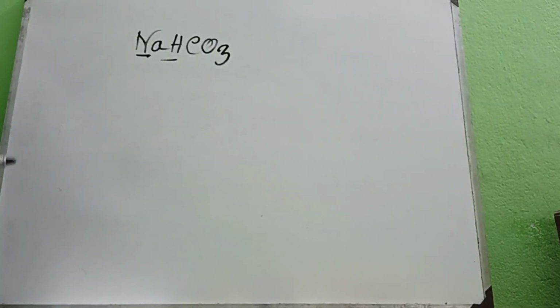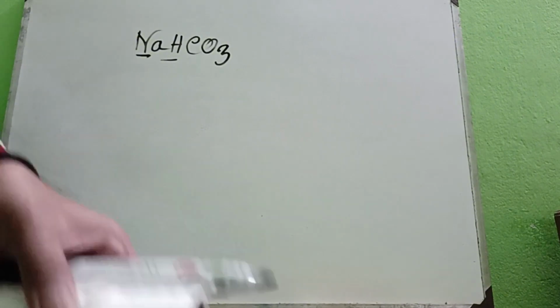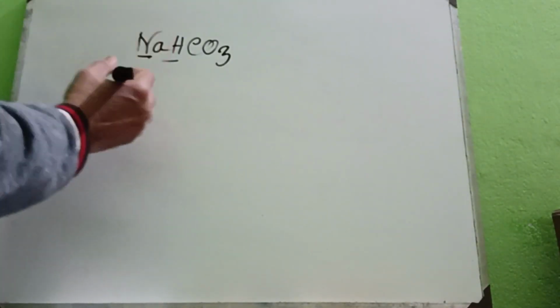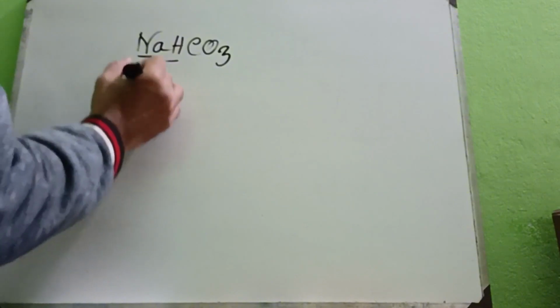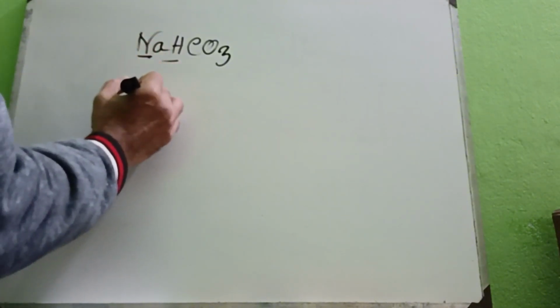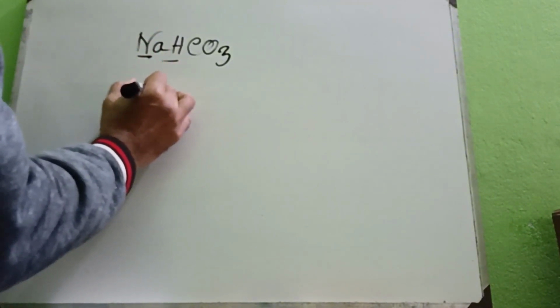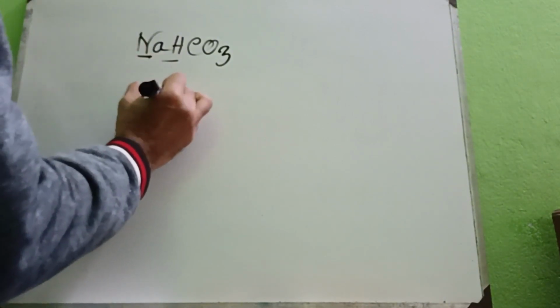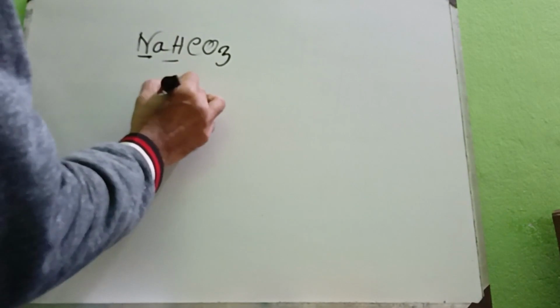Now we find out valency of carbon. So we write valency of sodium equals to 1, valency of hydrogen equals to 1.